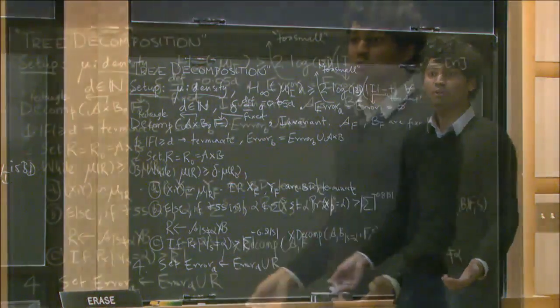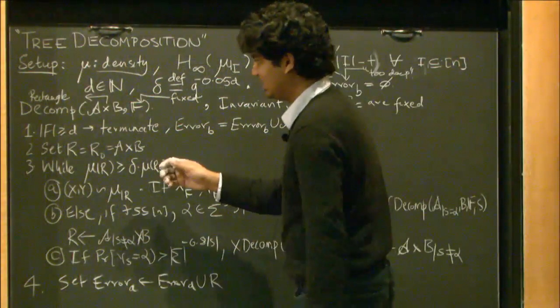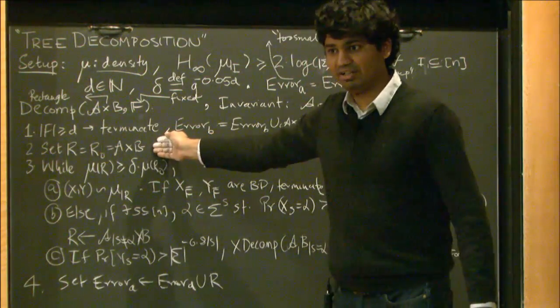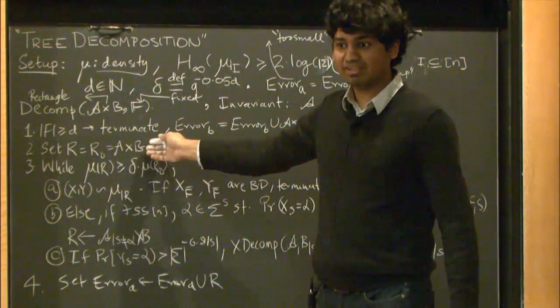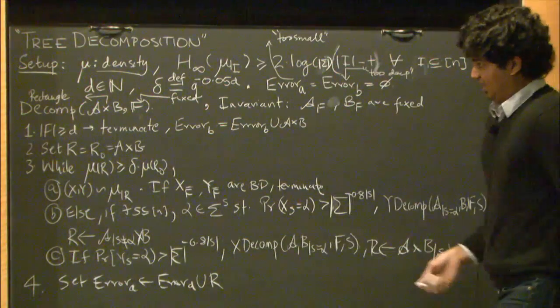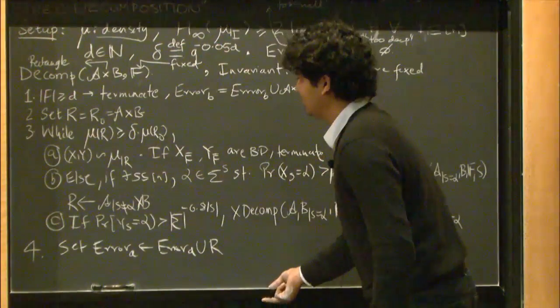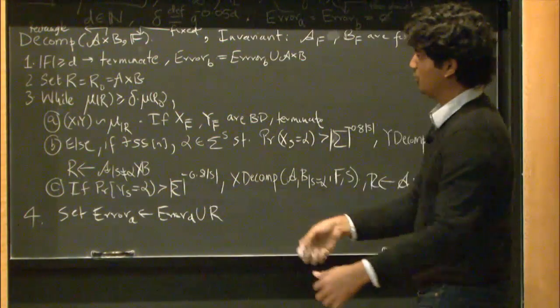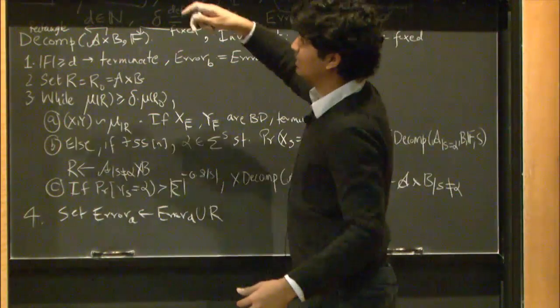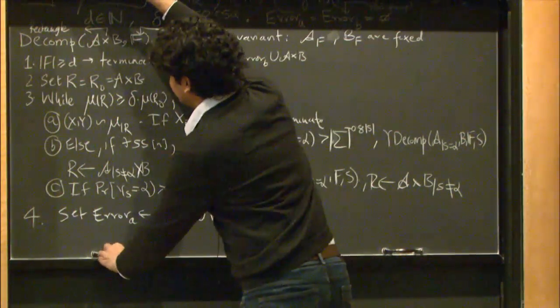Now what I do is the following. I take this rectangle defined by the product A times B, which is sigma to the n in the beginning.